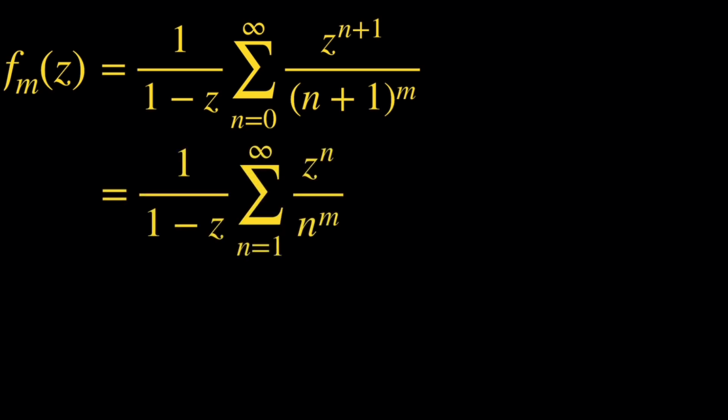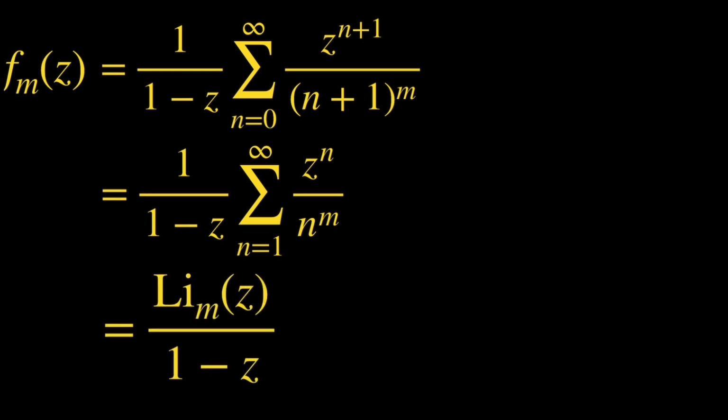So we get 1 over 1 minus z times the sum as n goes from 1 to infinity of z^n divided by n^m. Well, this sum is simply the polylogarithm of order m evaluated at z. So we get the polylogarithm of order m evaluated at z, divided by 1 minus z. Okay, so that's the generating function we were looking for.